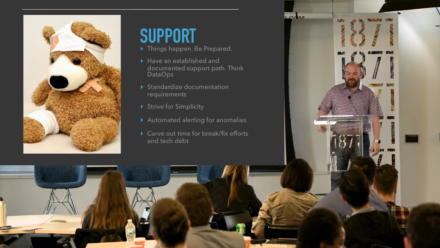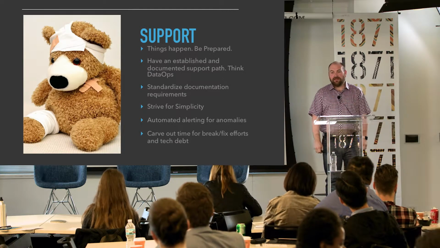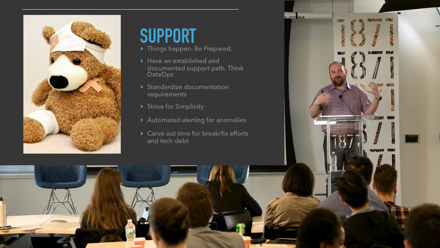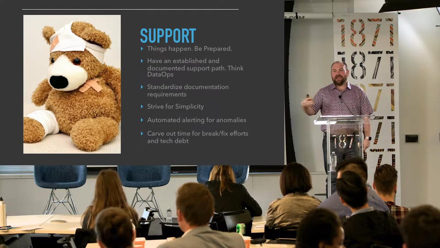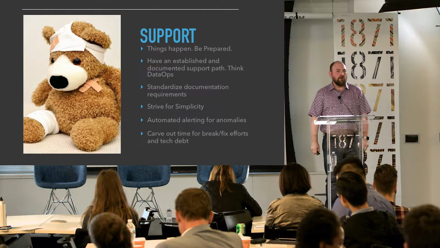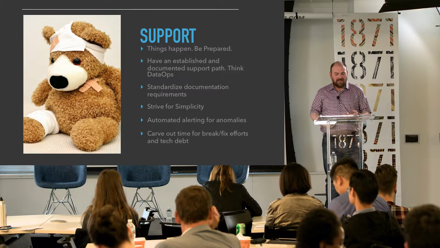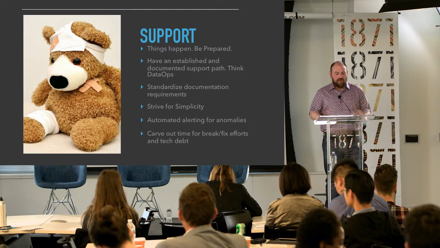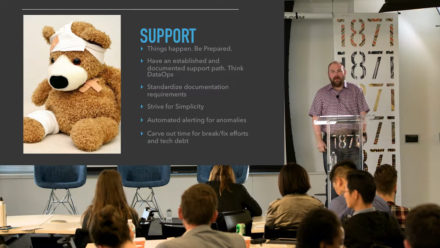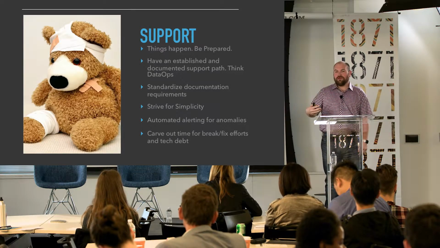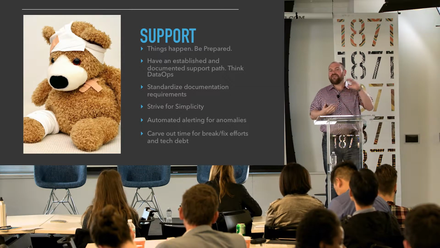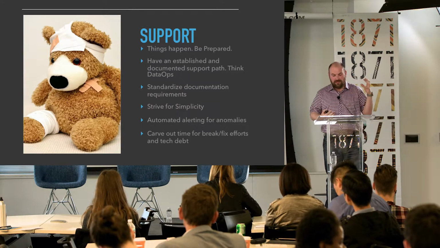The other thing is standardize those documentation requirements. It's not just good enough to come up with a model and just let it sit there, but you actually have to document it out so that other people can know what your model, what your process is doing. As part of that, I like to strive for simplicity. I do like to get my teams to go back and refactor. How little code can you use? How efficient can you make your processes?